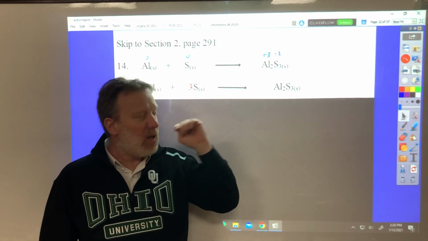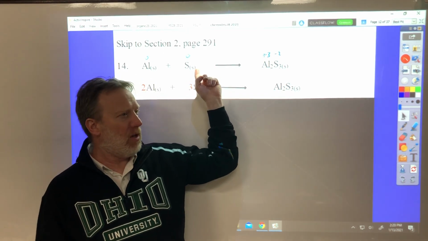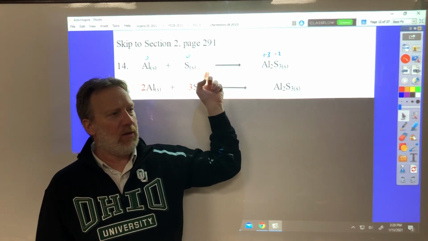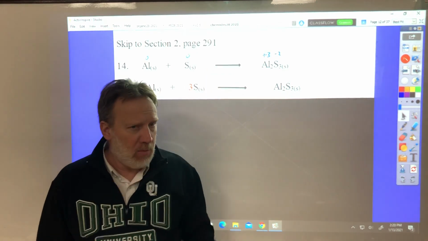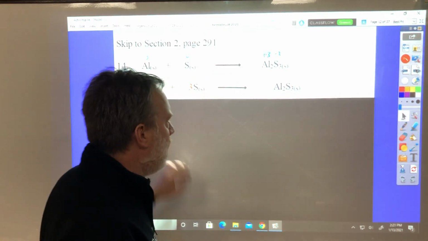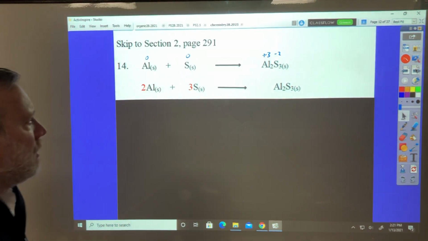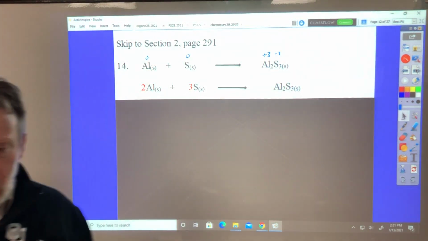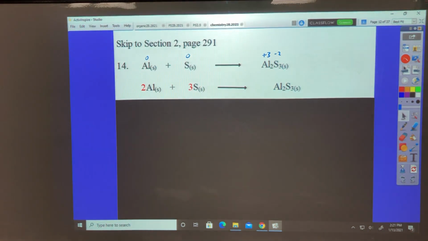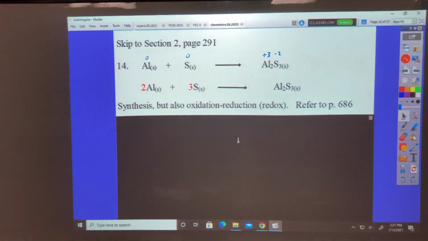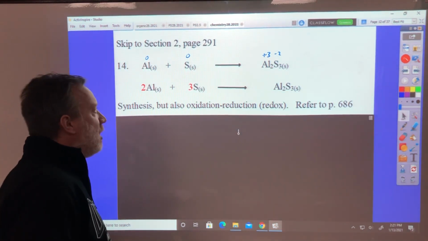So just because sulfur is your oxidizing agent instead of oxygen, it can be combustion, I would argue, in a reaction like this. We don't know the specific reaction conditions to know if it's hot enough to give off heat and light to be a combustion, but it could be. Okay, so this is synthesis, but it's also redox because the oxidation number's changed.